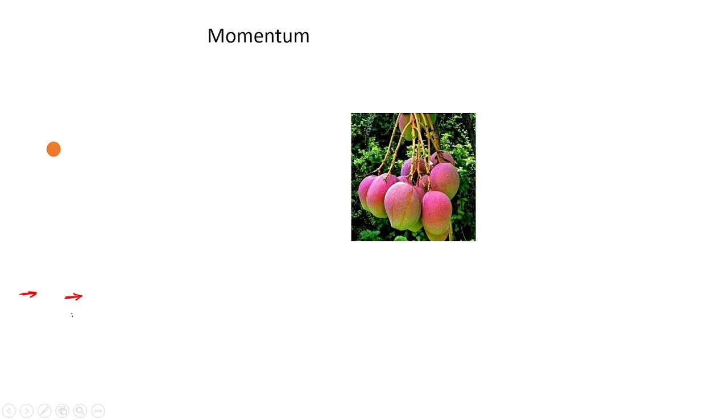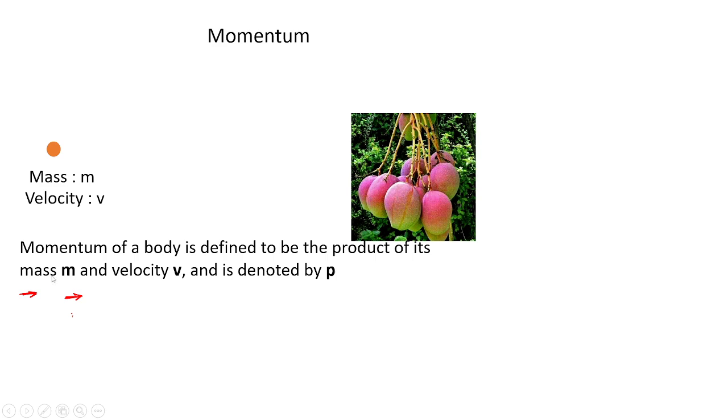So the product of mass and velocity is a very important term associated with motion. Mass into velocity: the more velocity, the more mass, the more impact on collision. So mass into velocity is called momentum.